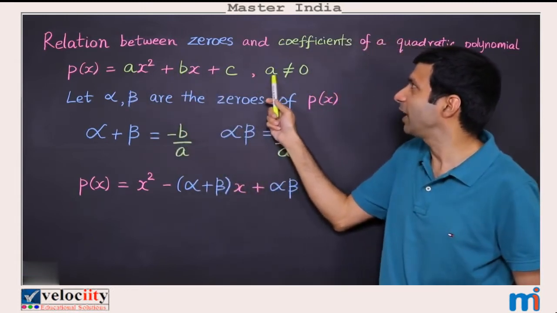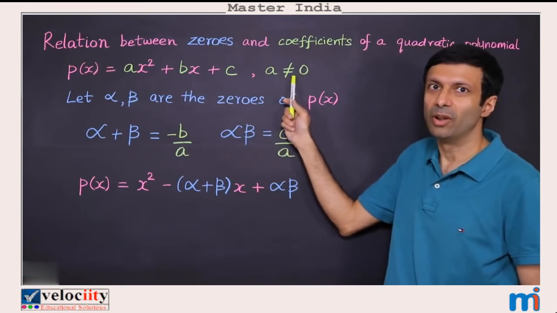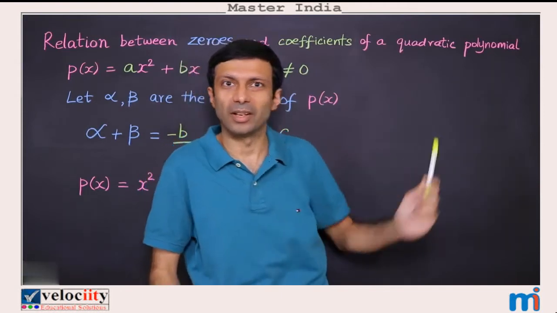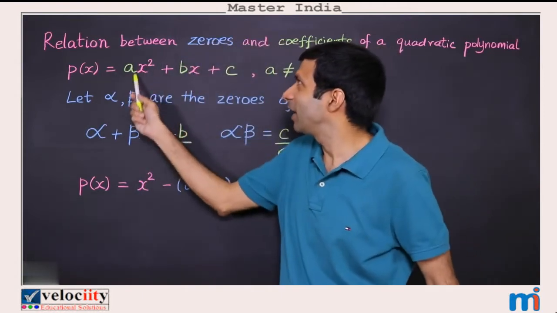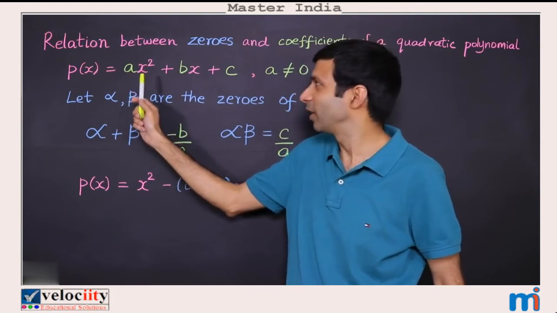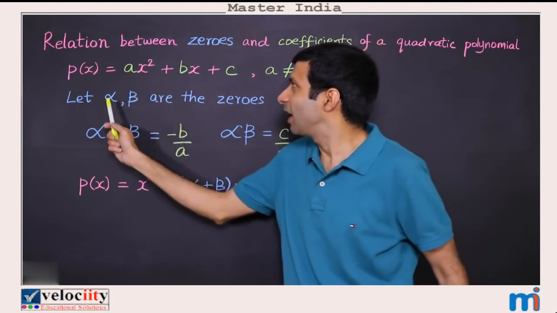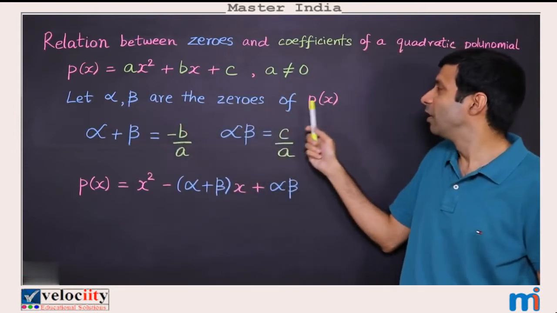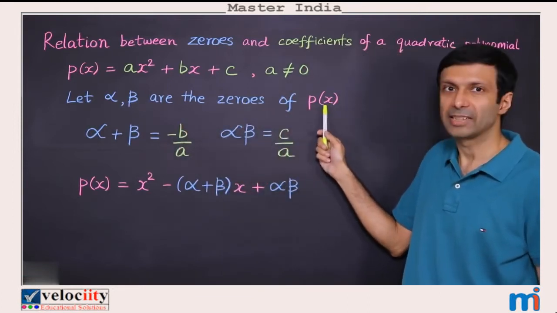And the coefficient a is not equal to 0. Why? Because we want a quadratic polynomial, right? So we want that term x² in there. So a should not be 0.